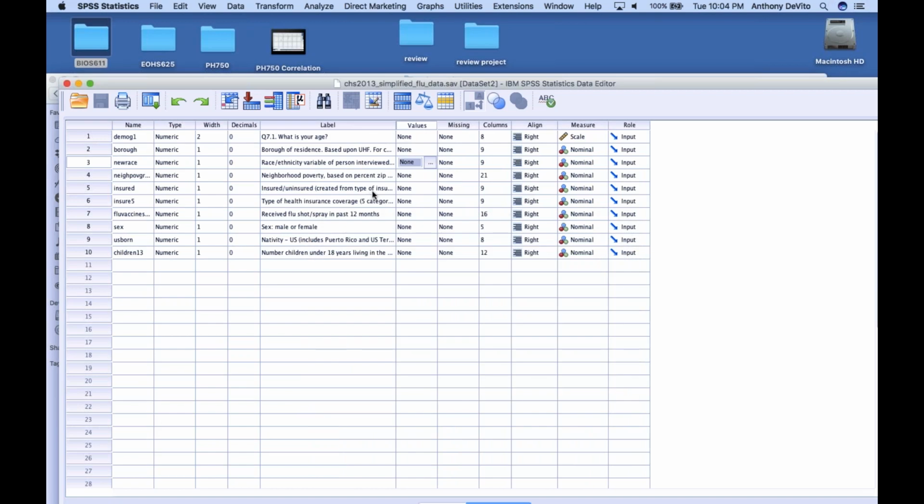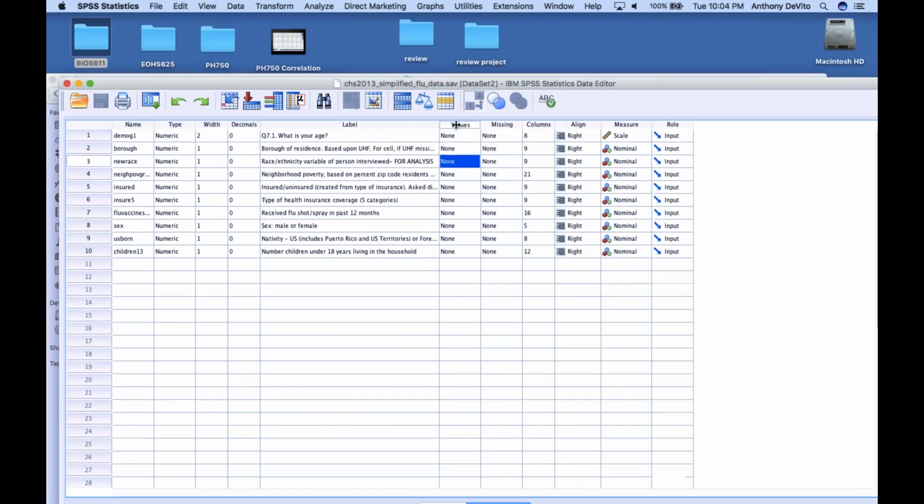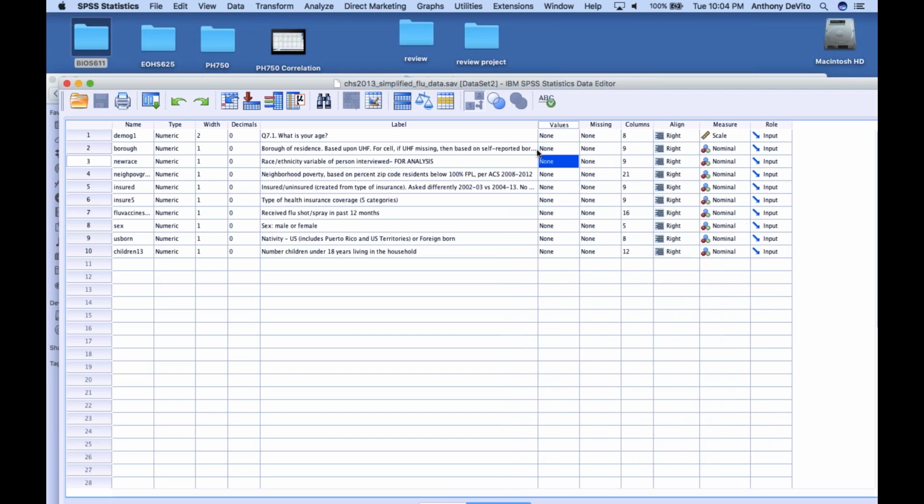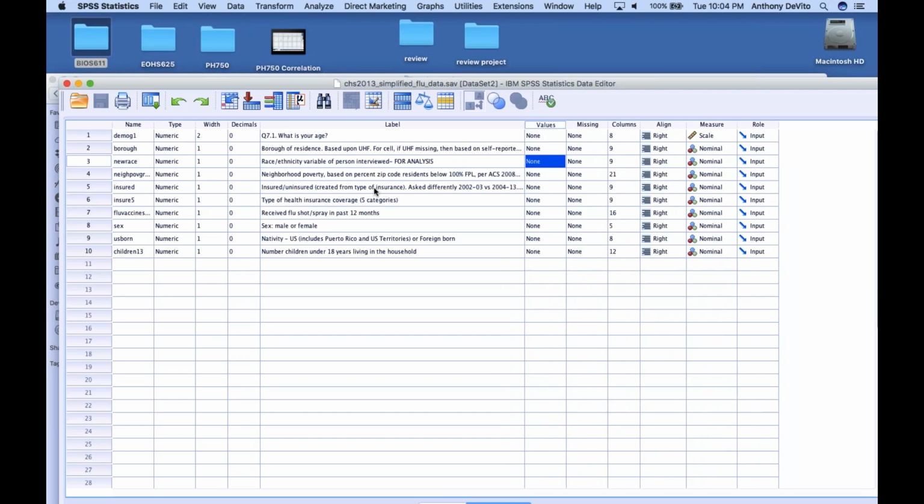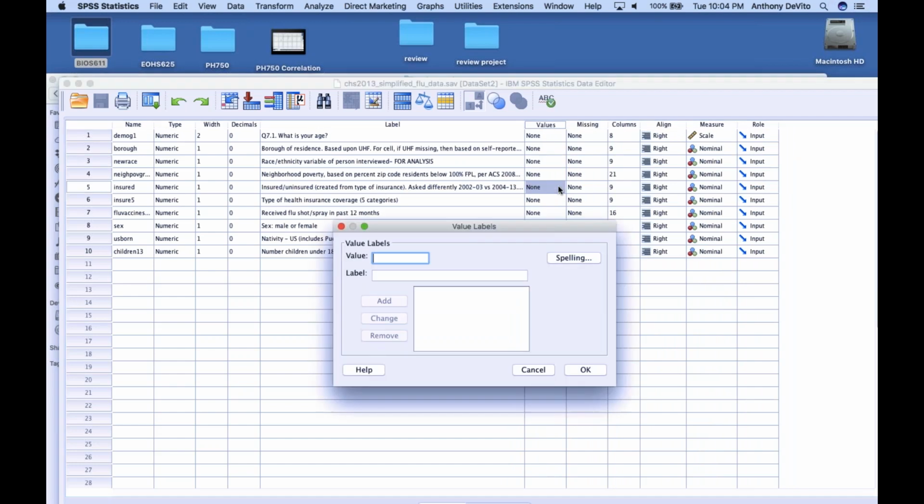Insured or uninsured. Okay, that's probably a yes or a no, and you would have to look that up in the code book, whether 1 meant insured and 2 meant uninsured or vice versa.